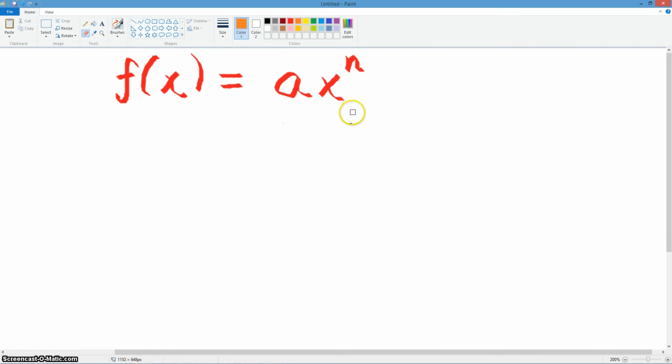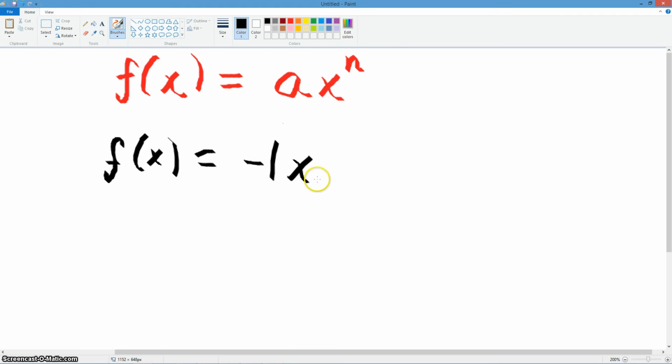And remember, these are foundations that I'm doing. I'm giving you equations that are foundations. And let me now say that I want to look at f of x is equal to negative 1 x to the nth power, or in other words, x to the first power.